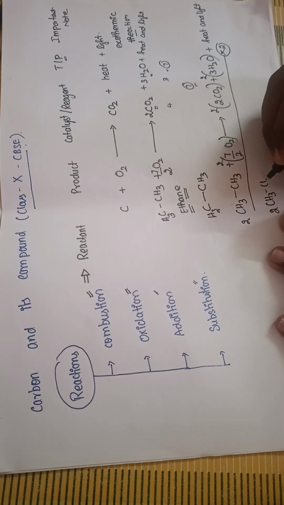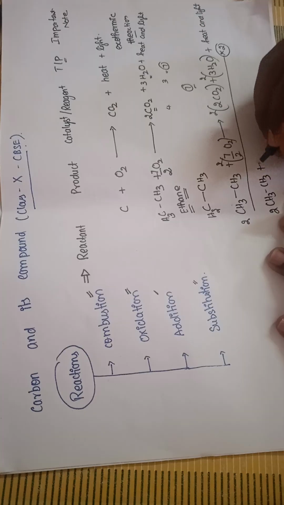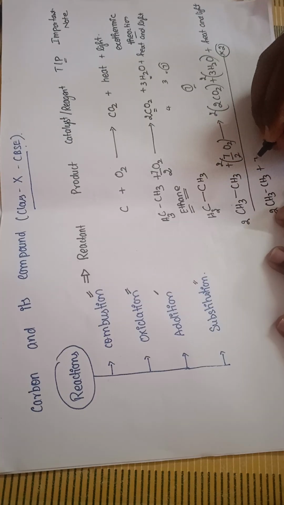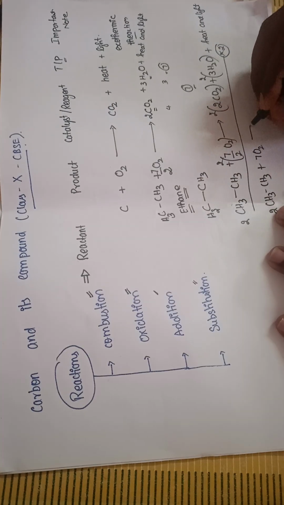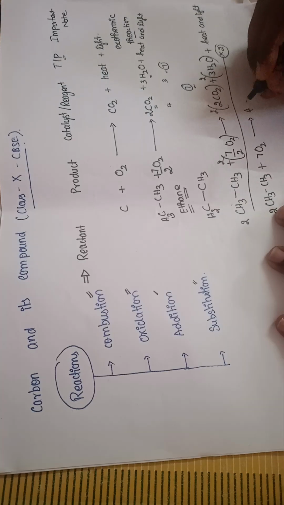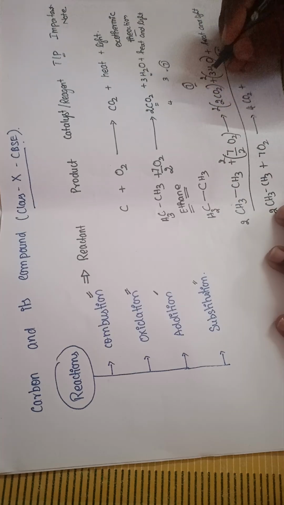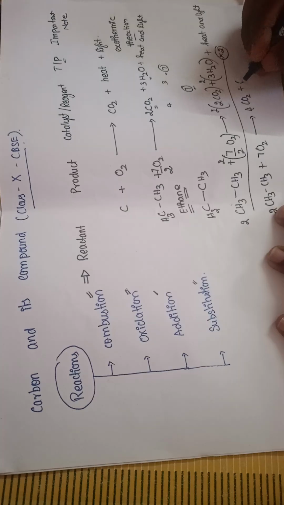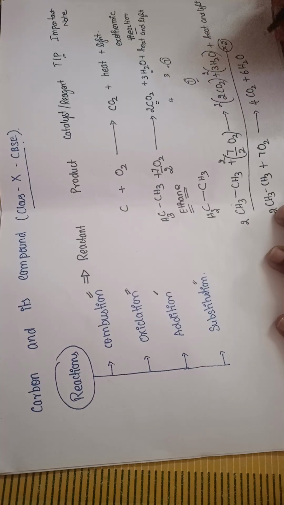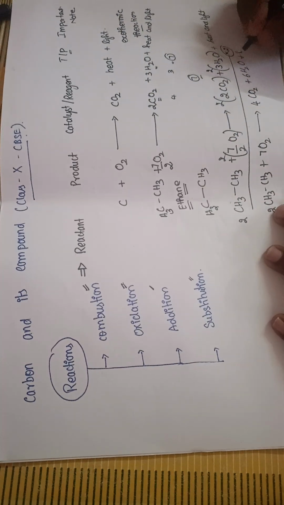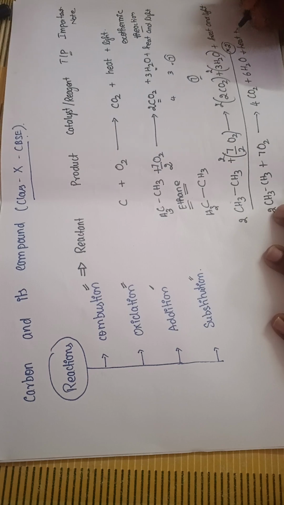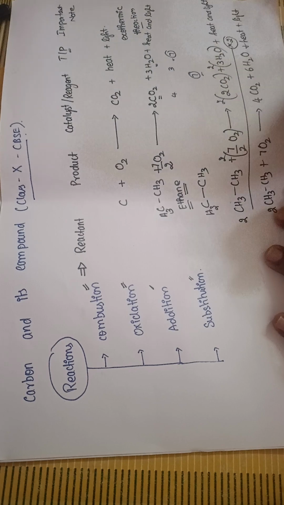2CH3CH3, that is 2 molecules of ethane. When you multiply 2 into 7 by 2, you will get 7O2, gives 2 into 2, 4CO2 plus 2 into 3, 6H2O. Now check whether the equation is balanced or not. This heat and light are energy, so we need not multiply by 2 here.